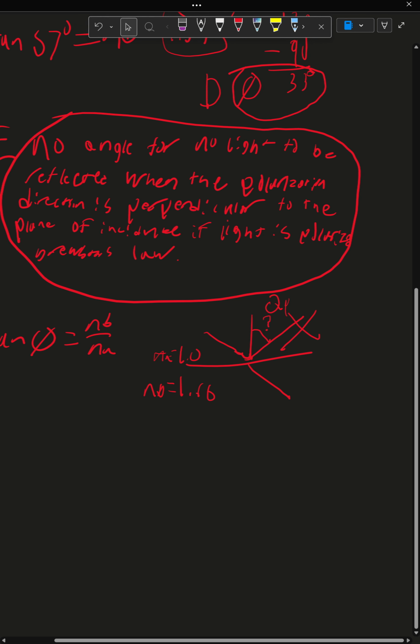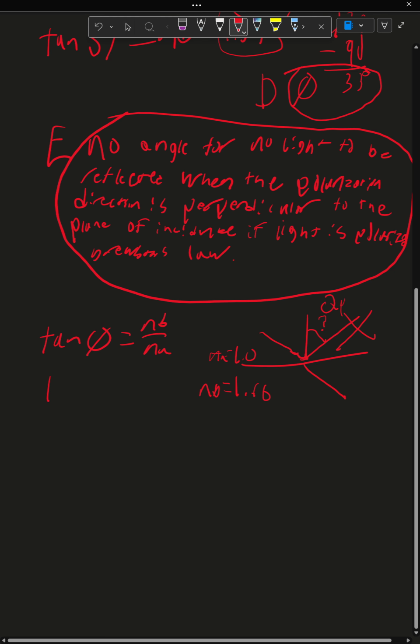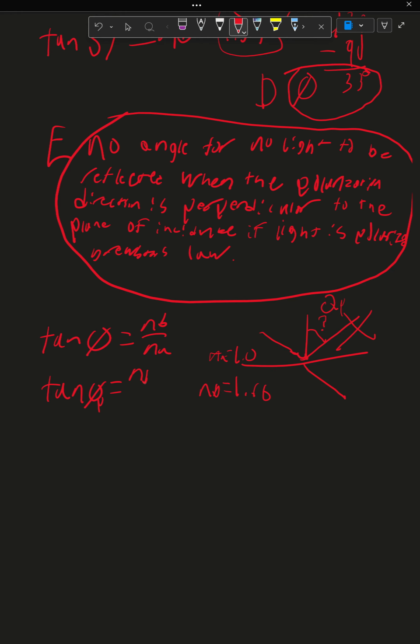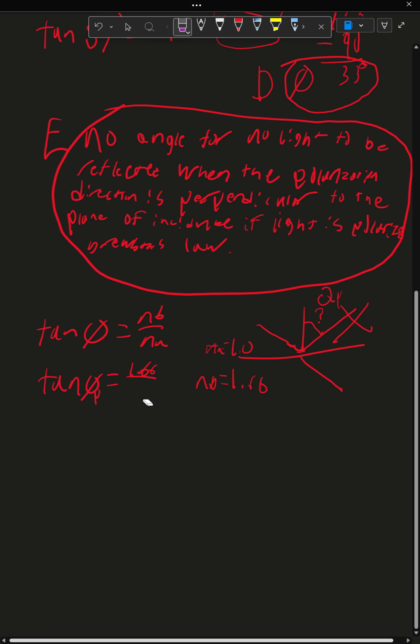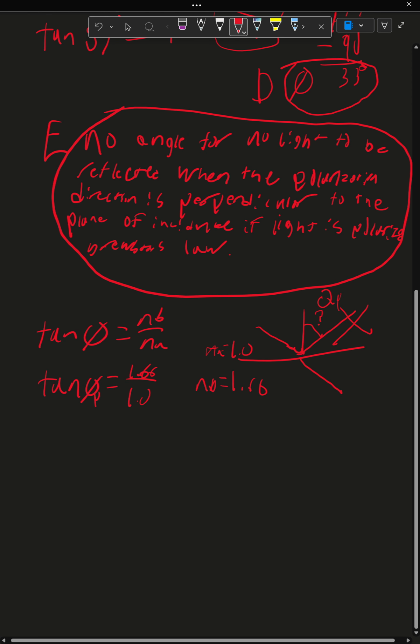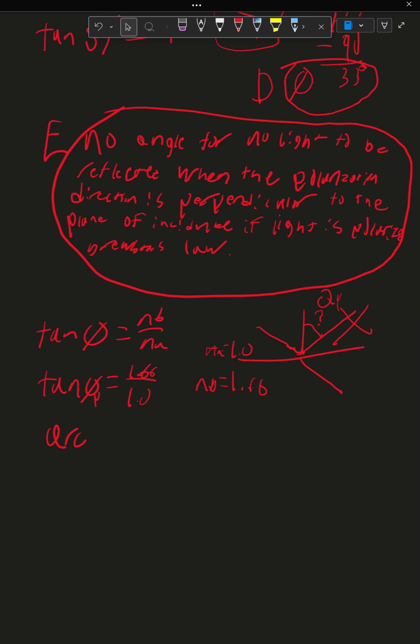So tan theta equals NB over NA, which is 1.66 over 1. Plug that in for arctan to get the angle.